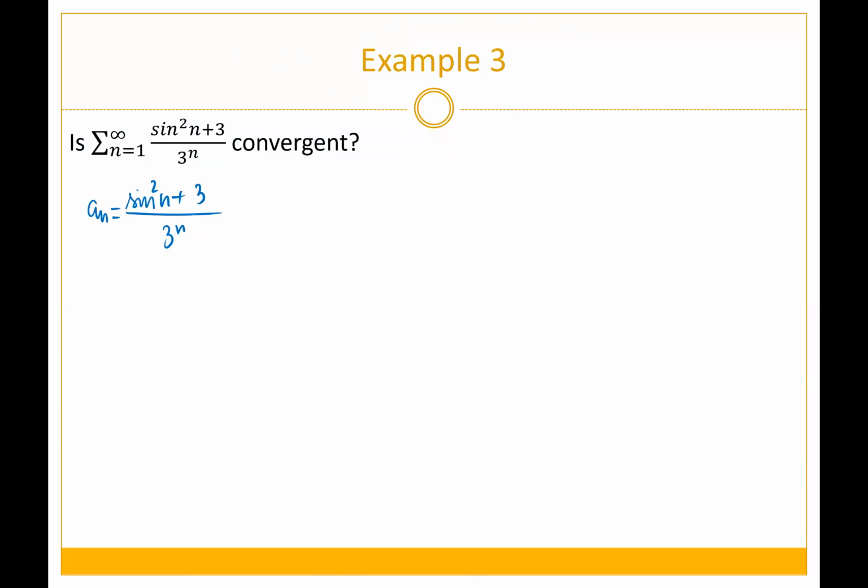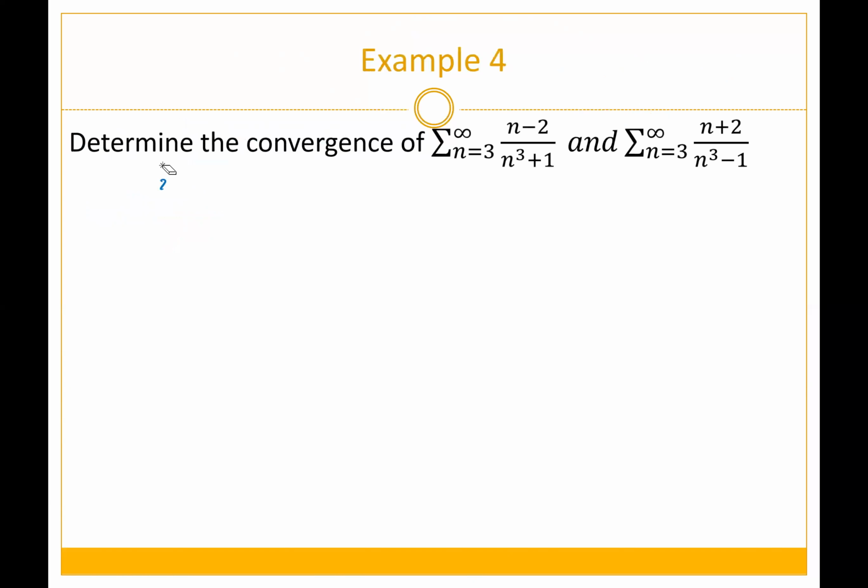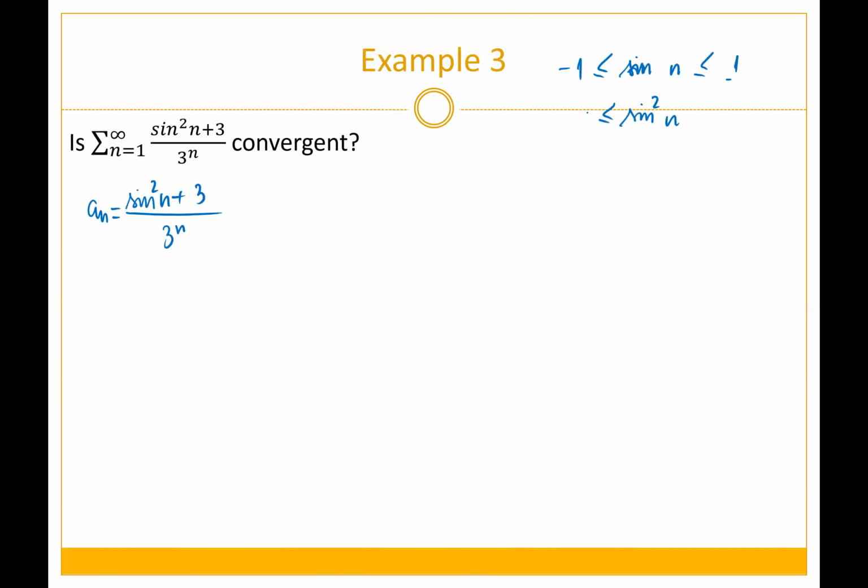One thing we learned about sine, which applies a lot in the squeeze theorem, is that sine always goes from -1 to 1. If you square it, it goes from 0 to 1. So 0 is always smaller than or equal to sine squared n, which is smaller than or equal to 1.